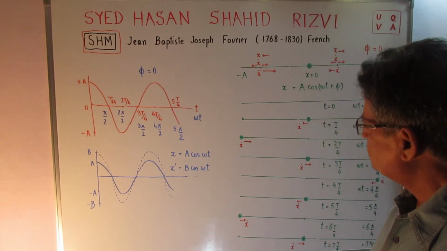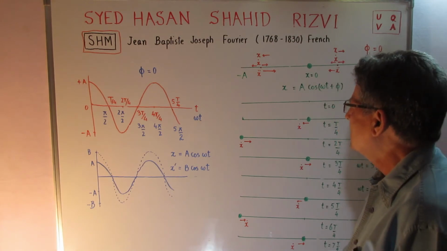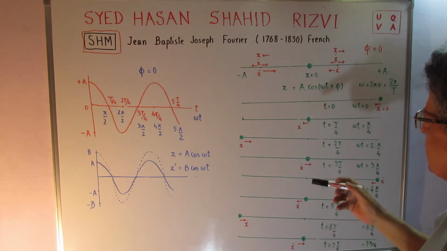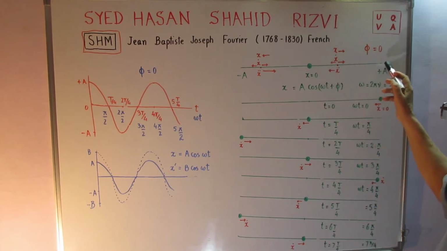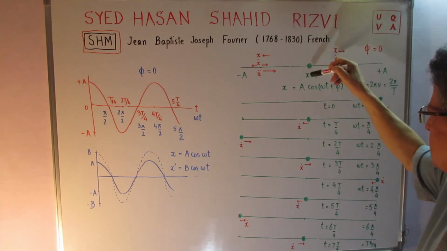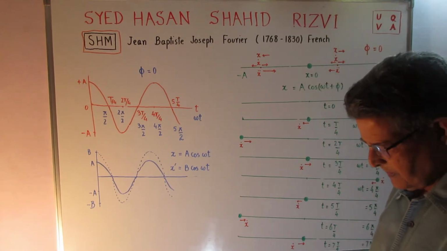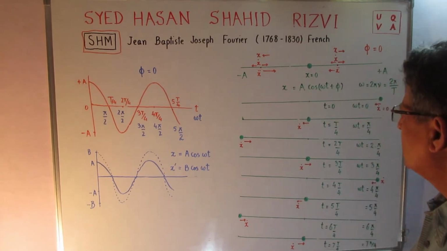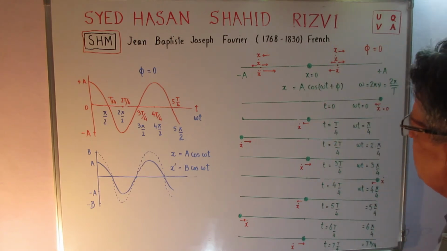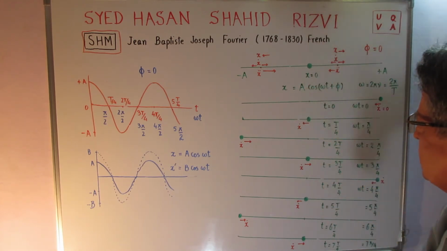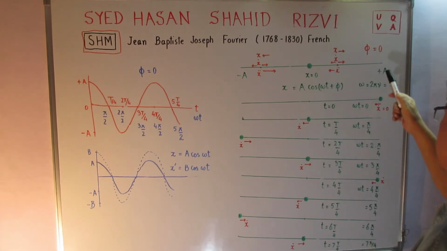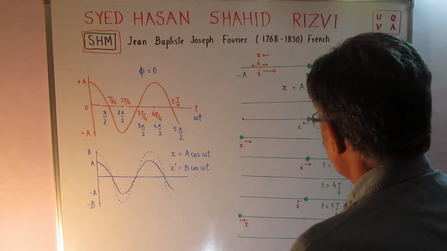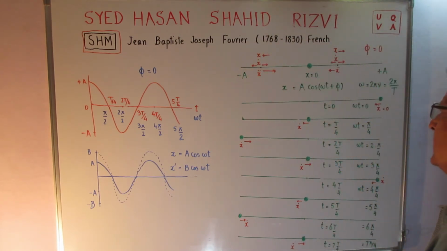This is the location which is called the equilibrium position. And you can see that my system oscillates on the x-axis, this is the origin of the x-axis. We can choose any origin, but again for the sake of simplicity we take x equal to 0 in the middle. At this extreme, the value of x is plus a, and at this extreme, x is minus a.